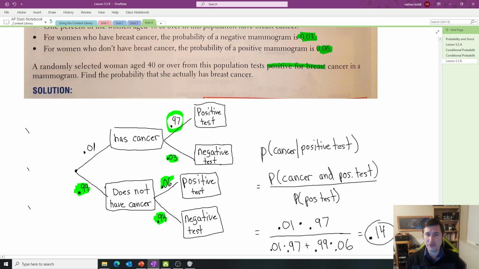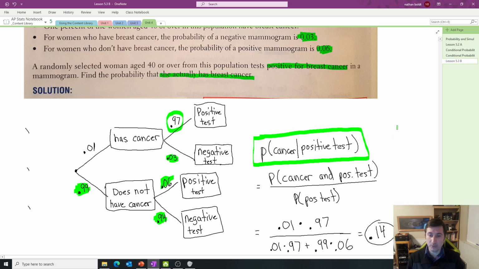So we know they tested positive for breast cancer. That's our given. Find the probability that she actually has breast cancer. All right, so that's the probability of cancer given a positive test right here. They told us she had a positive test. Now what's the actual probability she has cancer?